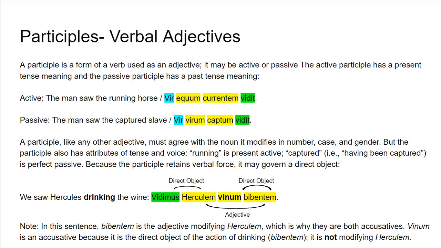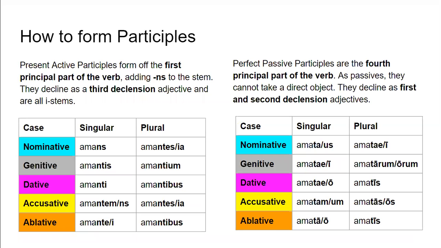Now, last but not least, we've got to talk about how these are formed. Remember we saw the stem of the verb amo is ama. So you're going to take that stem and use it to form both the present active participle and the perfect passive participle. Both of them use that present stem.